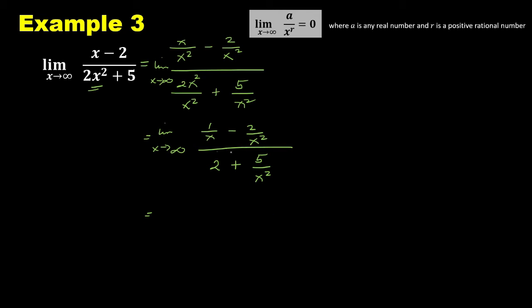So if we would like to get the limit of each term of our fraction here, negative 2 over x squared would have a limit of 0. 1 over x would have a limit of 0. Same with 5 over x squared. So what we have here would be the limit of 0 over 2 as x approaches infinity. So 0 over 2 would be 0. So we're getting the limit of 0 as x approaches infinity. And that would be 0.